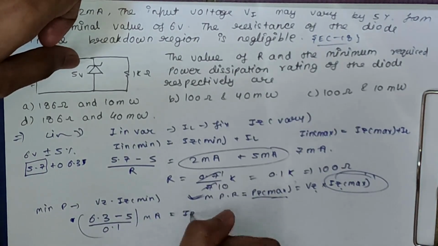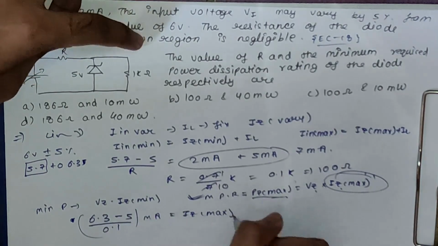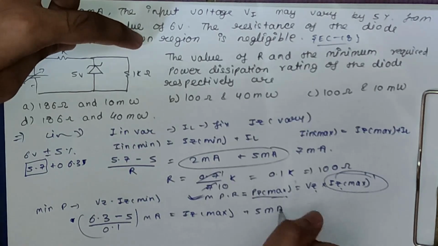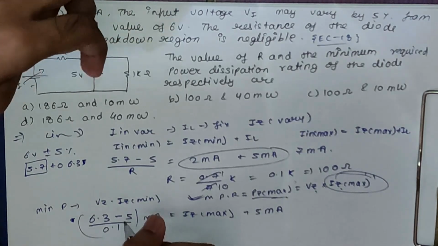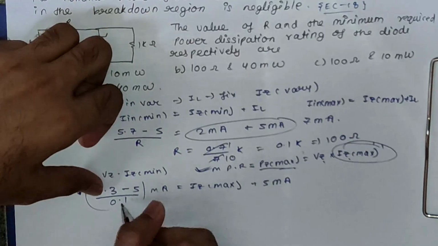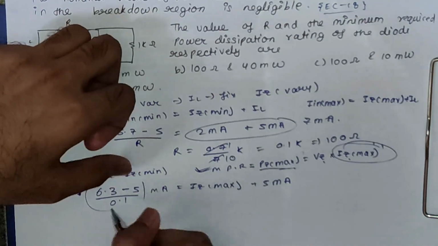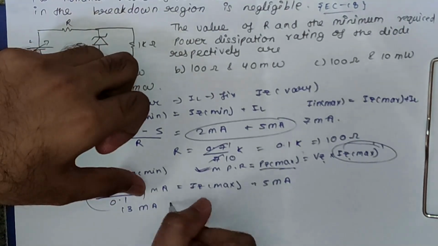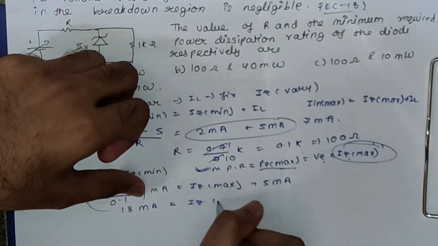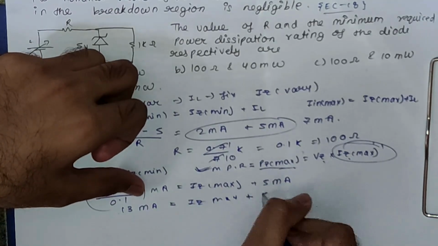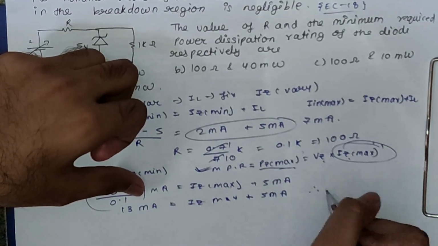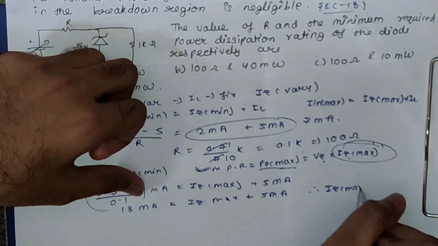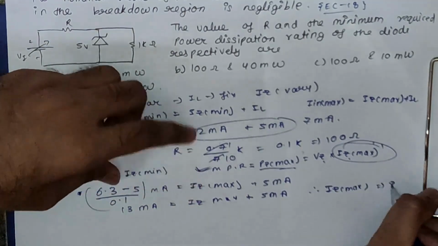IL we know is 5 milliampere. 6.3 minus 5 is 1.3, and 1.3 upon 0.1 is 13 milliampere. So we write 13 equals Iz max plus 5 milliampere. So Iz maximum is 13 minus 5, which is 8 milliampere.